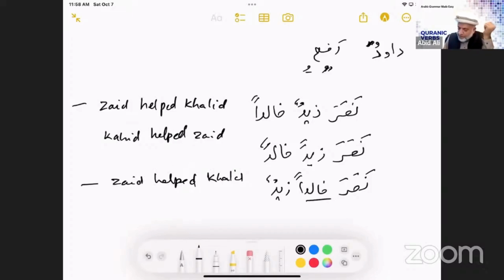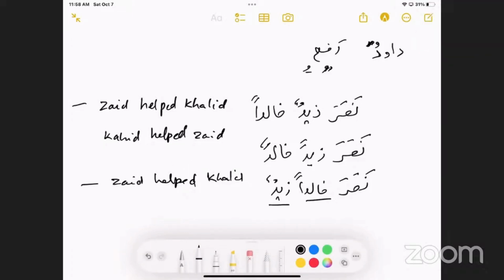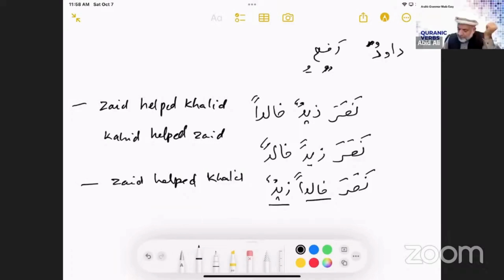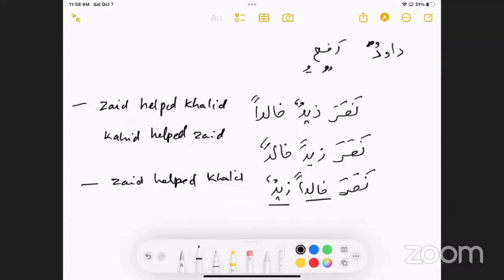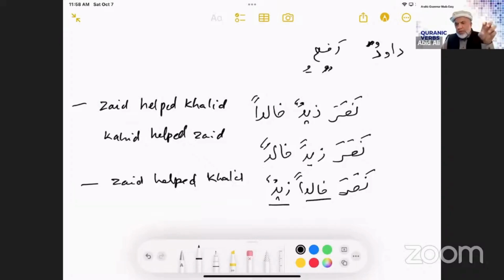The position changed. Khalid came in the middle and Zaid went afterwards. So, Sister Romana, the maf'ul doesn't have to come right after the fa'il. It could come a little bit later in the sentence. Inshallah, you will see that the maf'ul may be found a little later in the verse, but it is allowed. But it has to come after the verb, meaning it cannot come before the verb.